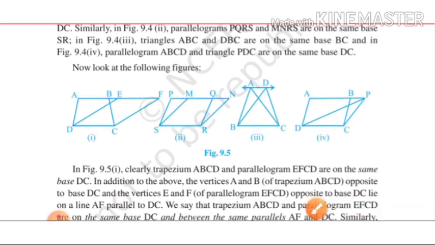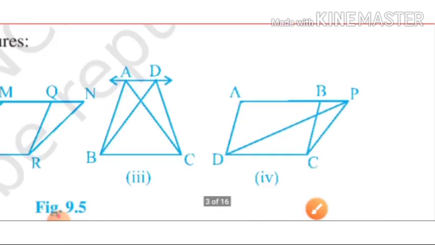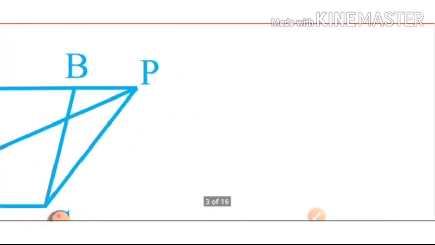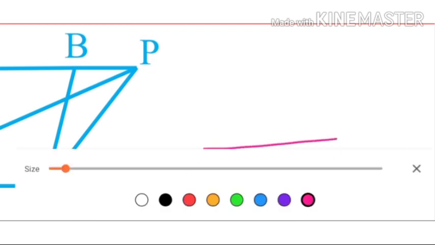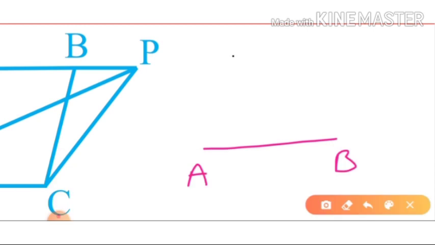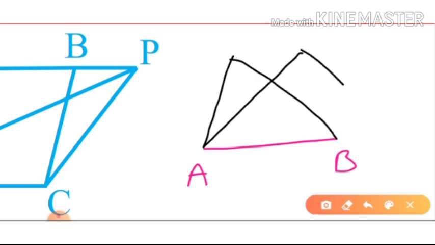Now when we are saying standing on the same base, if it has been like this, say this is AB, and we are drawing the figures like this, and the other figure moves till here, C, say EF.